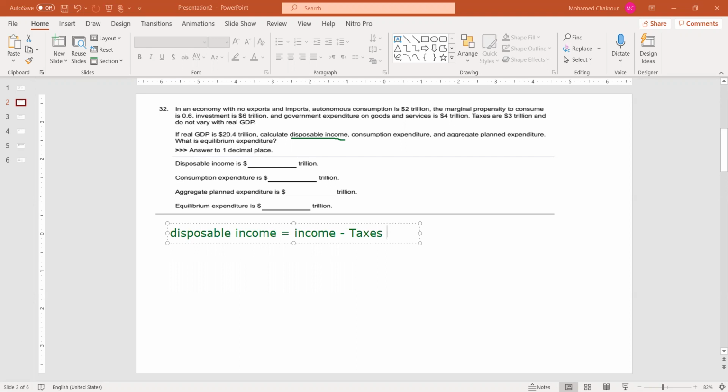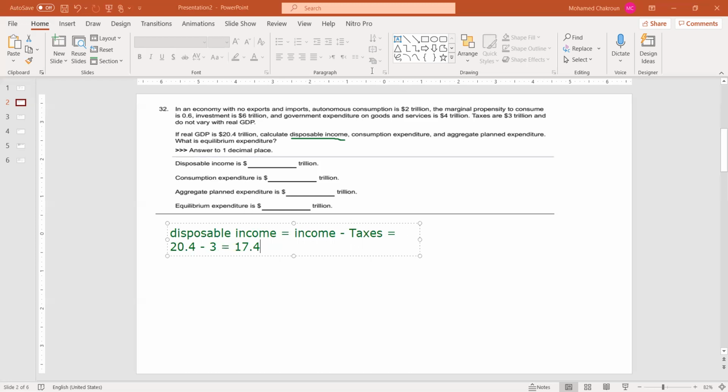So it's equal to 20.4 trillion minus 3 trillion taxation, which is equal to $17.4 trillion. This is disposable income.